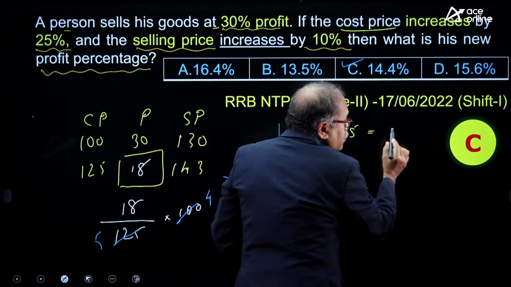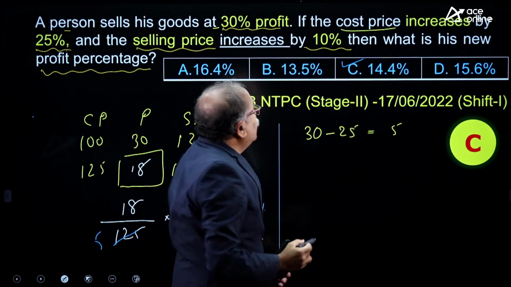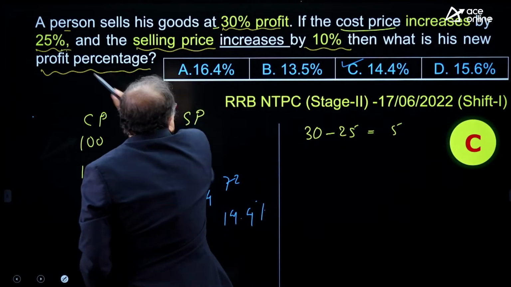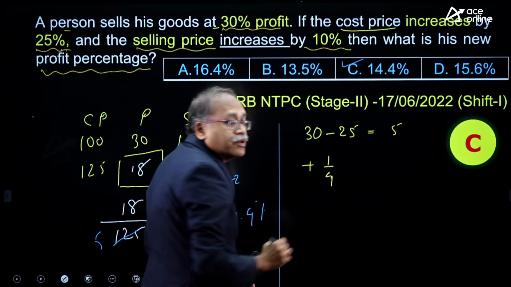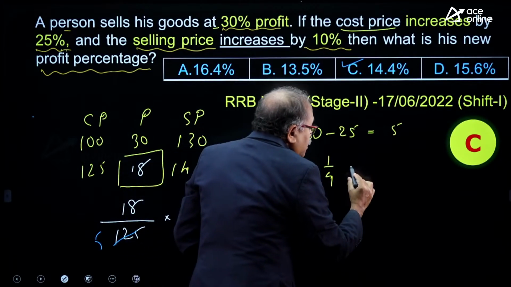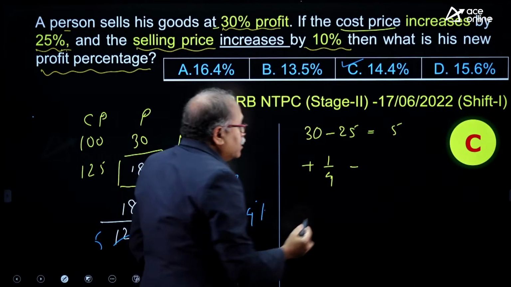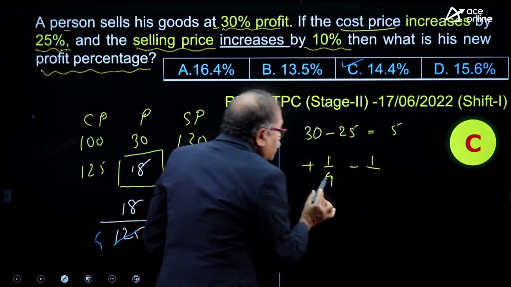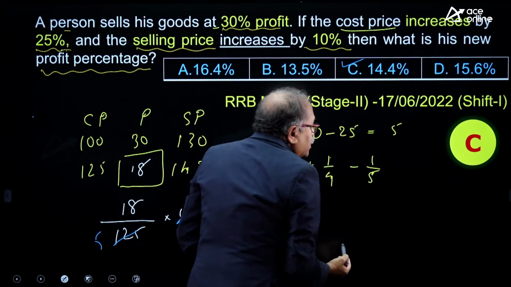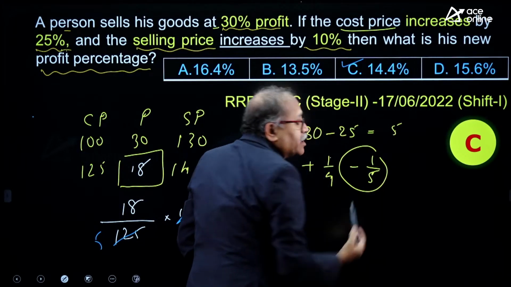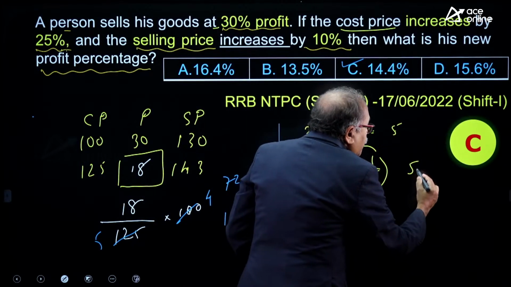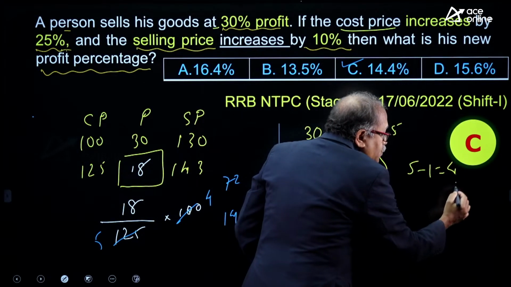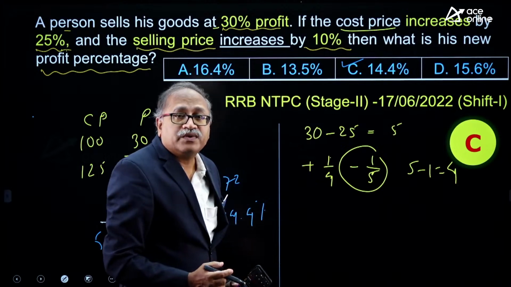So I got 5 here. Now as the cost price is increased by 25%, that means plus 1 by 4, the profit will decrease by the same 1 by 4 plus 1, that is 5. So what is 1/5 of 5? That is nothing but 1. So what is my new profit? 5 minus 1, that is 4, is my new profit.